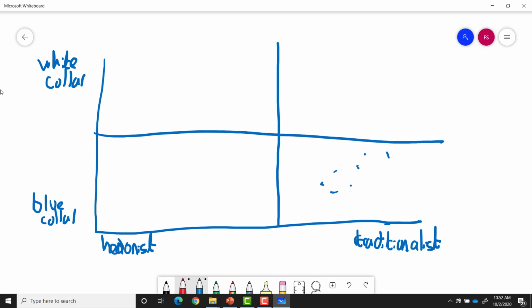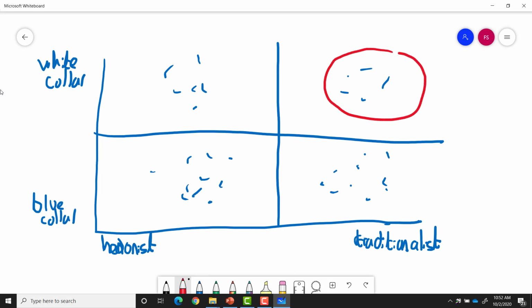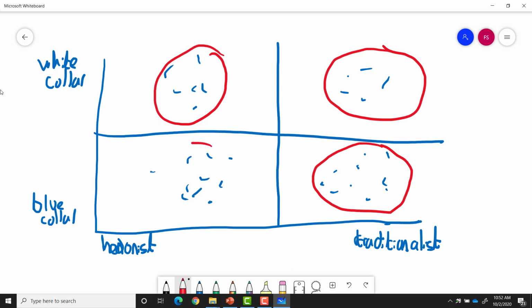We could do this very simple segmentation where, for example, we could have a white-collar traditionalist segment living in the suburbs, a blue-collar traditionalist segment, maybe working in agriculture, in rural areas, and then the same for this global, almost hedonist segment.